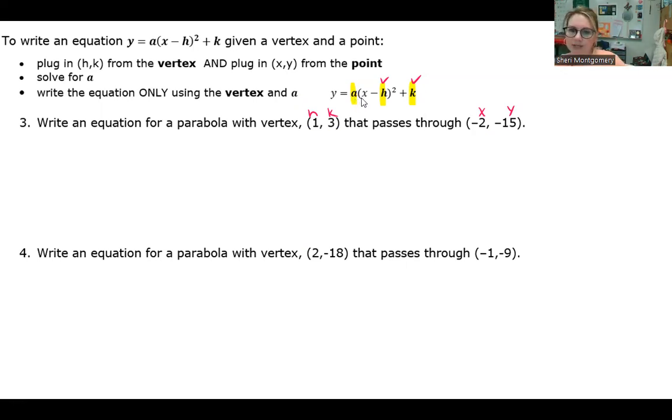We already have H and K. H is 1, K is 3. We don't know A, so we're going to figure it out.